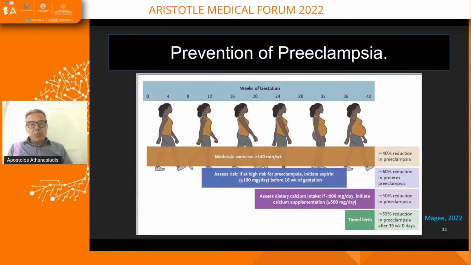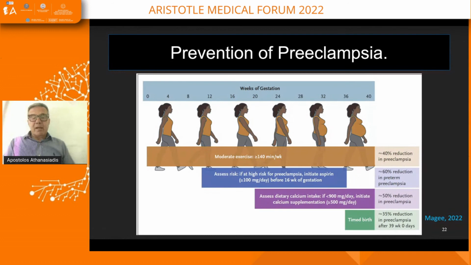Unfortunately, we obstetricians, we forget that pregnant women must exercise at least 140 minutes per week. We can use the first trimester to administer aspirin.